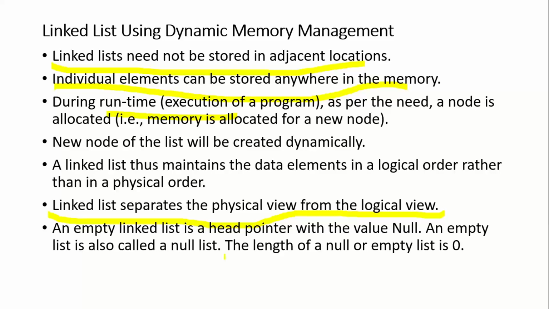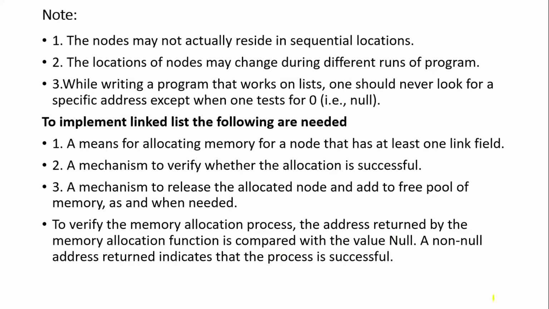So if a linked list is empty, that head pointer is set to null. An empty list is also called a null list. The length of a null or empty list is 0 because there are no elements in that list. It is empty, so we use null to represent that empty list. So the length of that null list is what? 0.